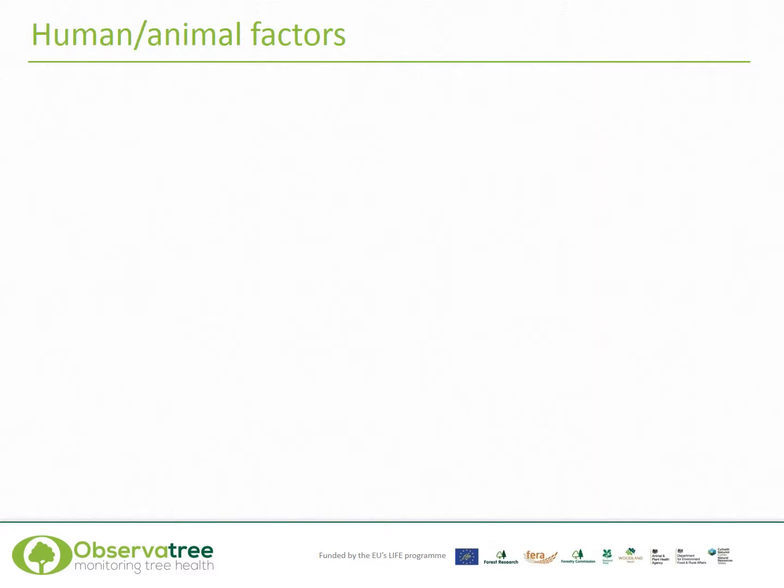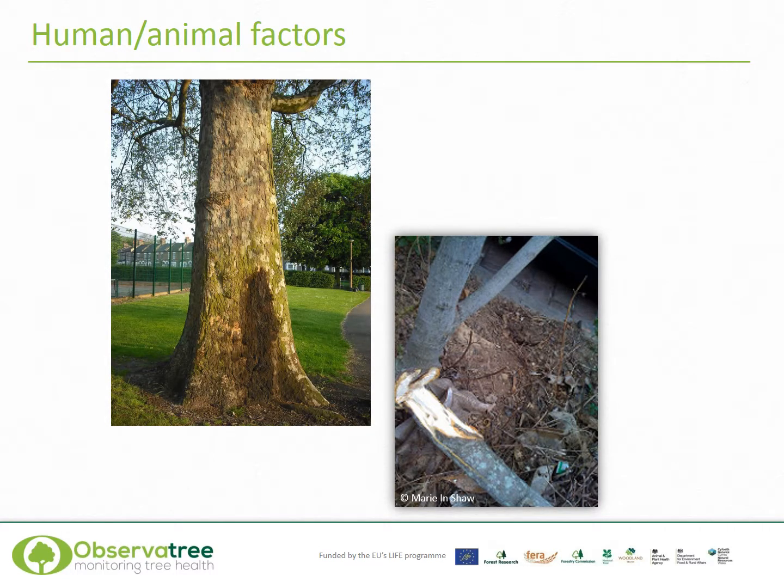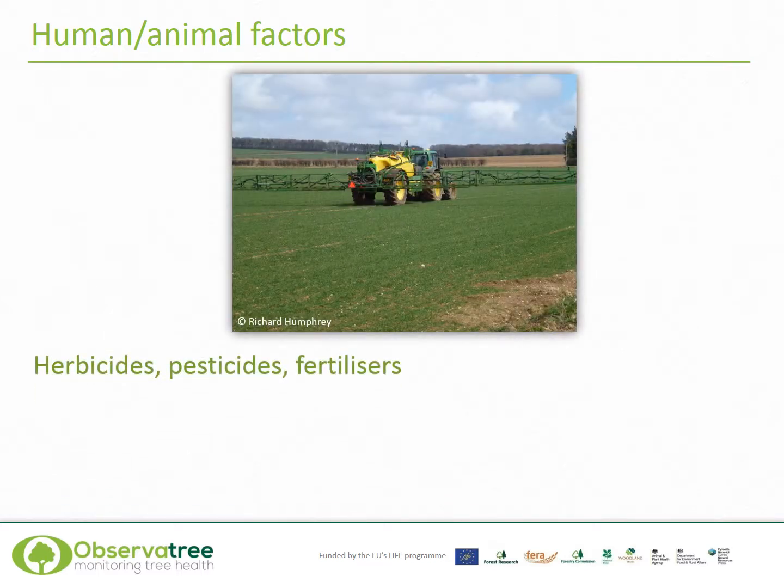Human activity can also change the environment, and so it is no surprise that it is often the cause of poor condition in trees. Sometimes, sadly, this is due to purposeful damage, when branches are snapped off or fires are lit near to the trees. However, more often than not, the damage is a byproduct of good intentions. Herbicides and pesticides are used to help promote plant growth and protect crops from damage by harmful weeds, pests and diseases.